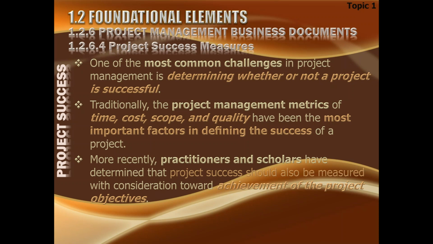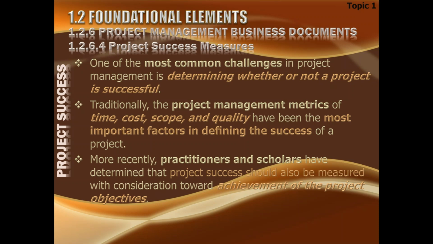Traditionally, management metrics of time, cost, scope, and quality have been the most important factors in defining the success of a project. That is exactly why we are giving so much importance to scope, time, and cost, and to some extent quality, because they specifically describe that this project must be completed in this much time, at this much cost, with this much scope, and of this quality.